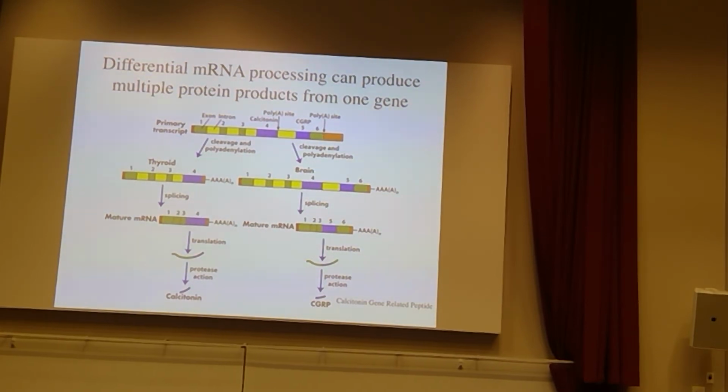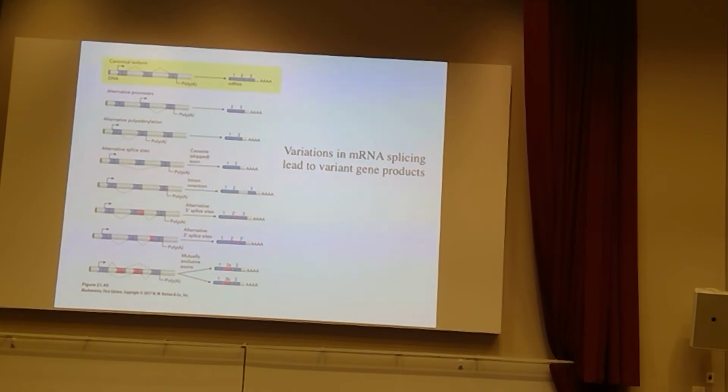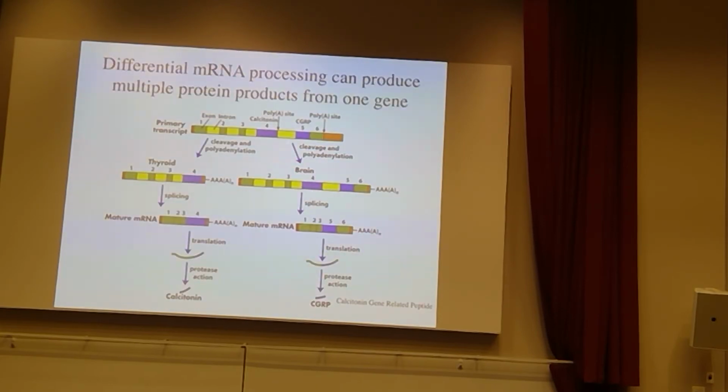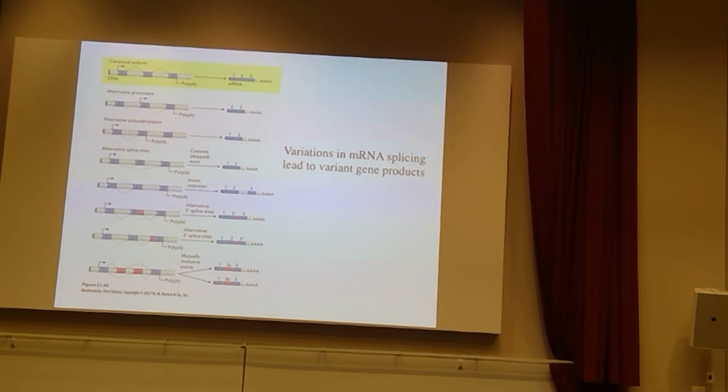So from one gene and one primary transcript, we get two different mature mRNA products, and two different proteins are generated from that one gene. That's just one example of how a primary transcript can be processed differently. In this case, two different sites can be cleaved and polyadenylated.